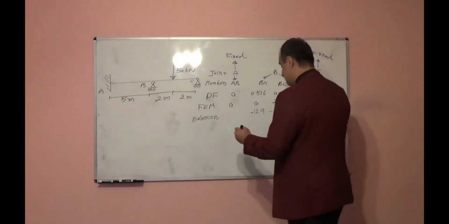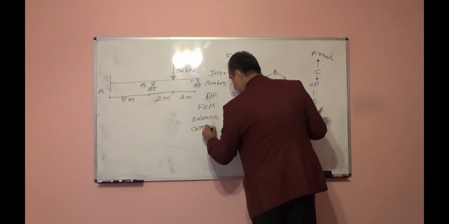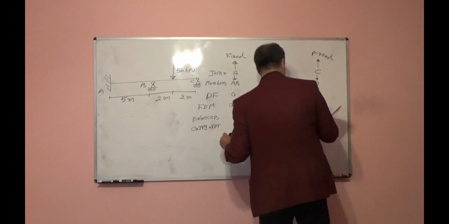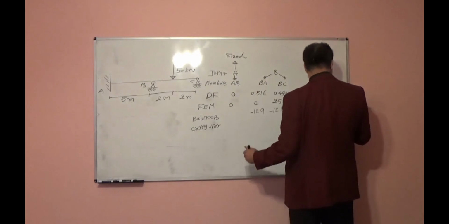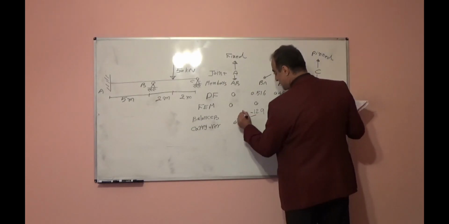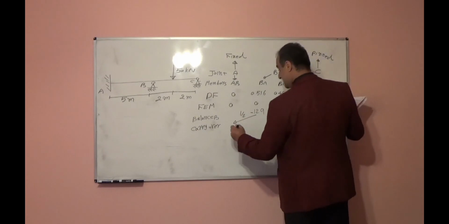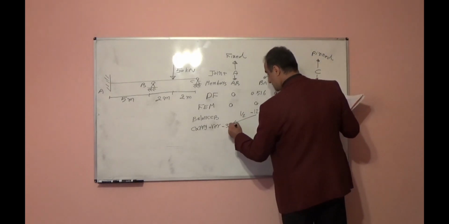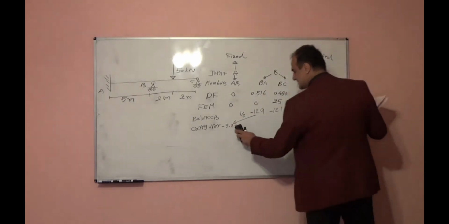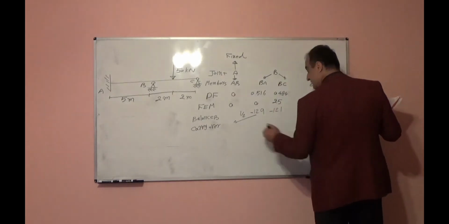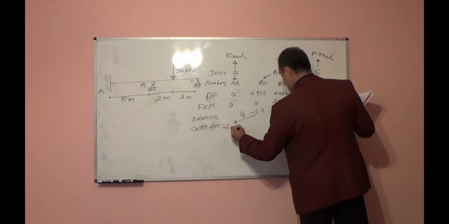From this, we will have here another row, carryover. Because the A side it is fixed, carryover factor it is half. This times half will be negative 6.45.